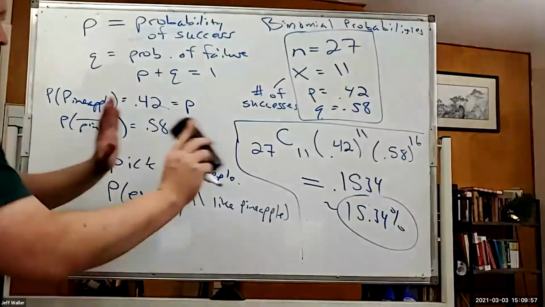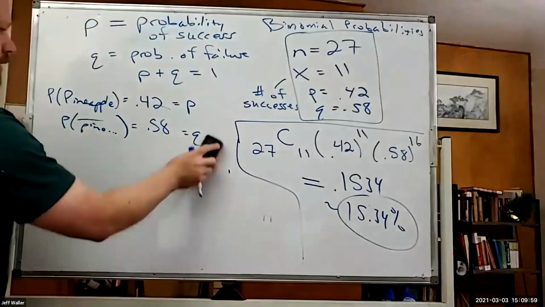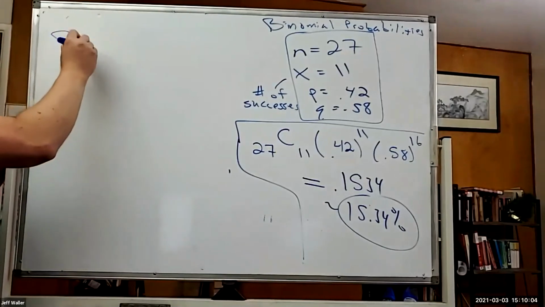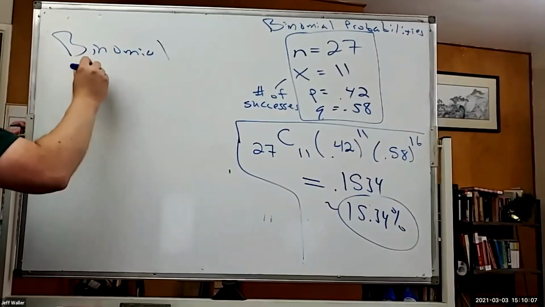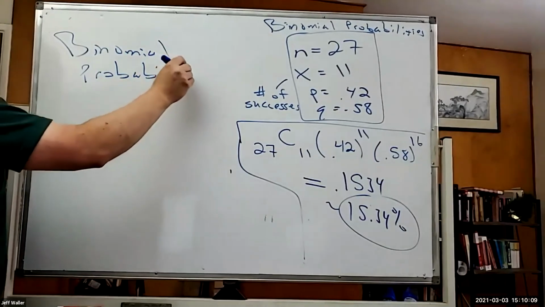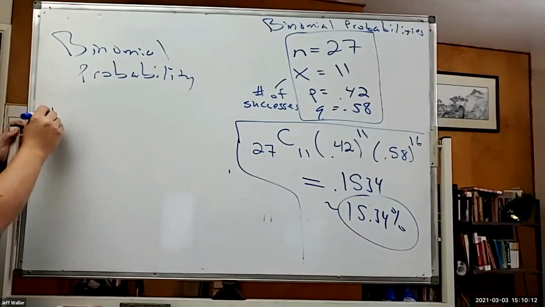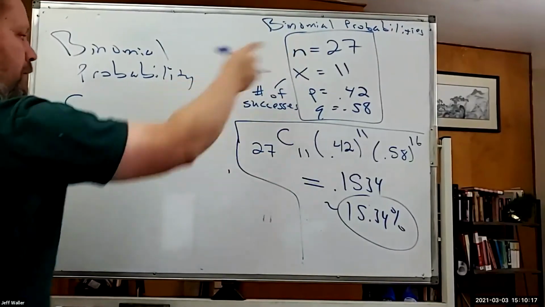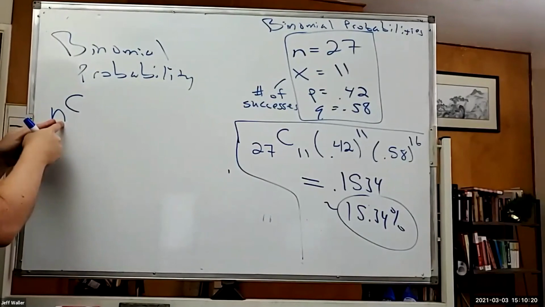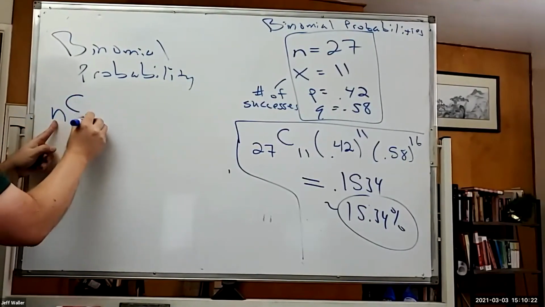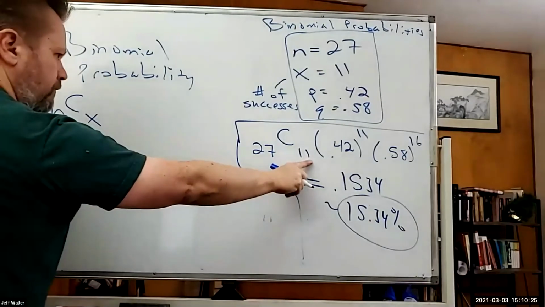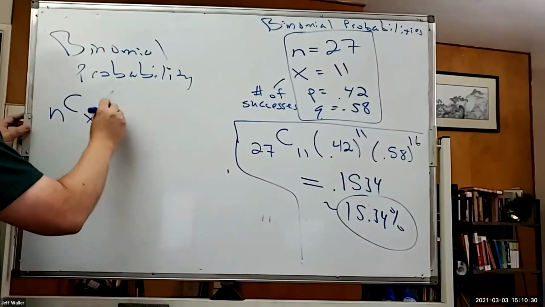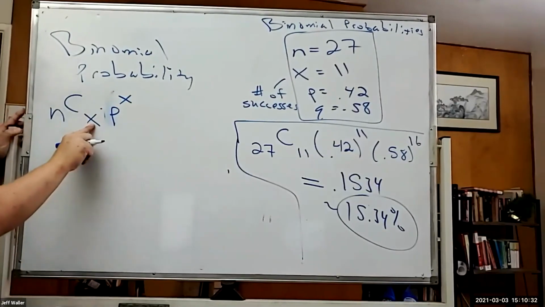Here is the general formula for binomial probability. It's going to be n, and I want you to see 27 is the total number of people. So it's however many total I've got, choose however many successes I want, times P to the number of successes.